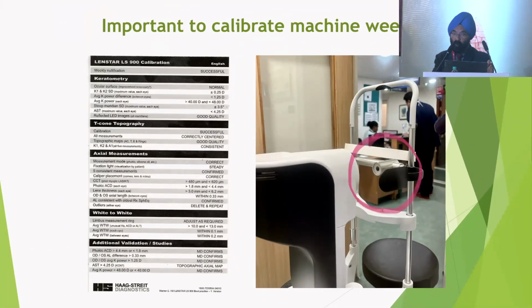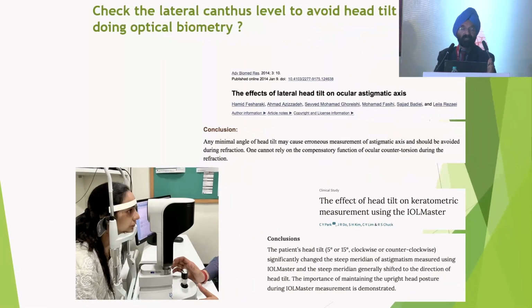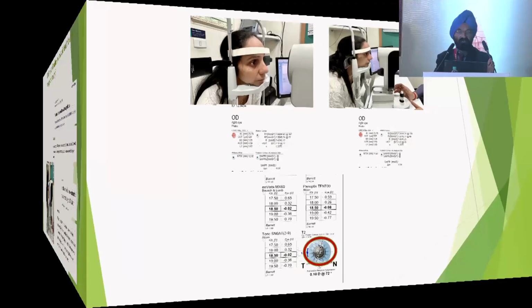So it is important to calibrate your machines weekly, because if you don't calibrate, you may land up with some errors. Then check the level, because if there is slight tilt of the head during optical biometry, this can lead to changes in the steep meridian axis measured using the optical biometer, and the steep meridian, it was found, generally shifted in the direction of the head tilt.